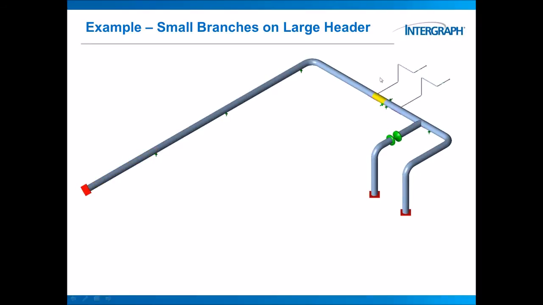But if we were to include the two small 2-inch branches, then we have to include the intensification factors. According to B31.3, these are 7 and 9, as we just showed in the previous slide.